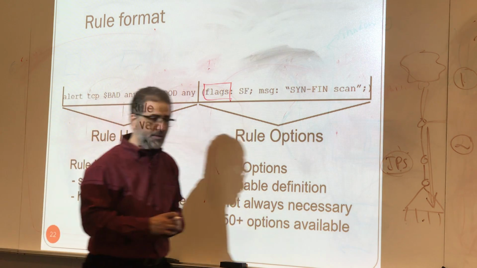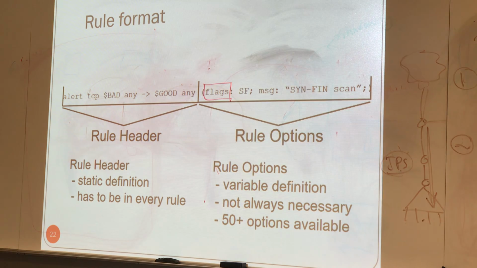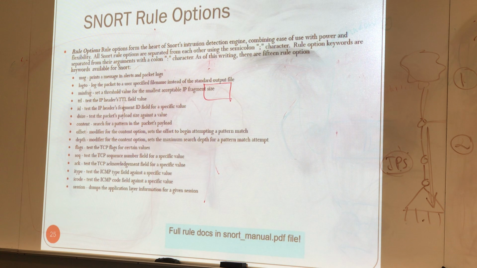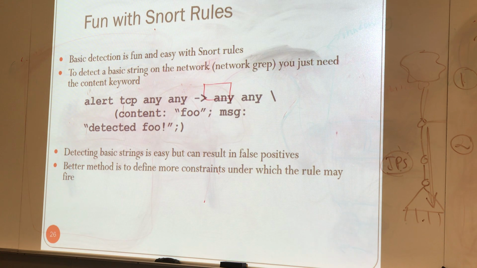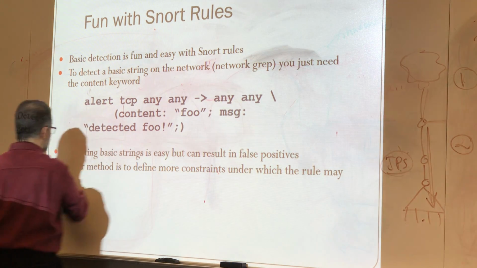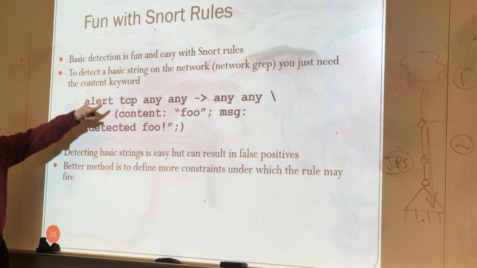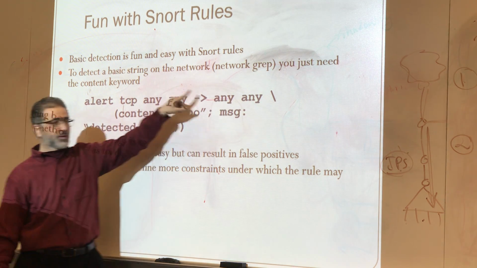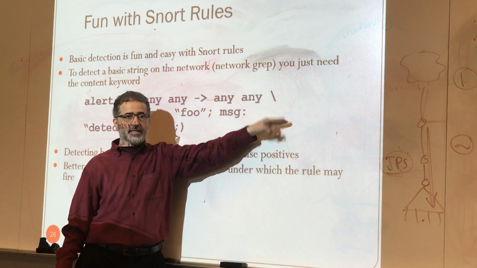But I have another Snort rule that is based completely on the contents. Let's copy this here, based on the content. Again, TCP, any to any, coming from anywhere to anywhere. By the way, backslash means continuation.